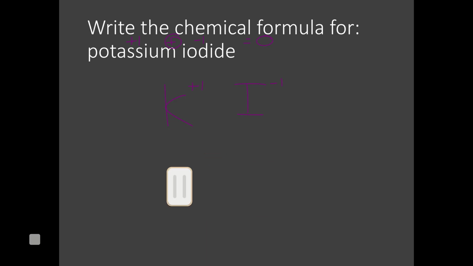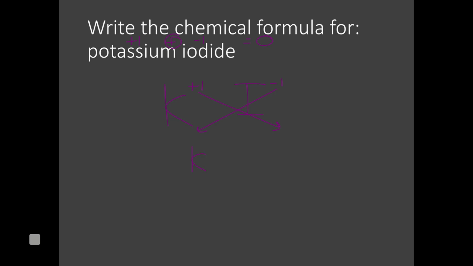But if we're going to consistently follow this CDR, cross, drop, and reduce, what we do is we cross the 2 charges like that. You see that I'm crossing them to opposite sides, to the right-hand side of the symbol. So that's the cross, and then I drop the charges down.